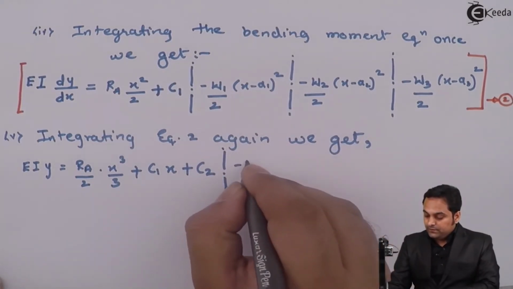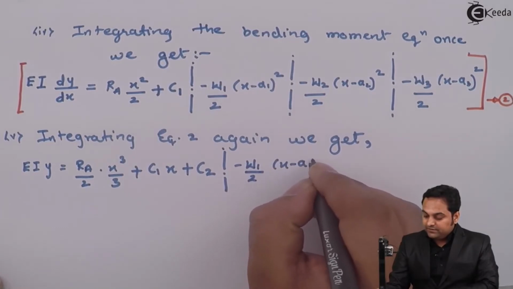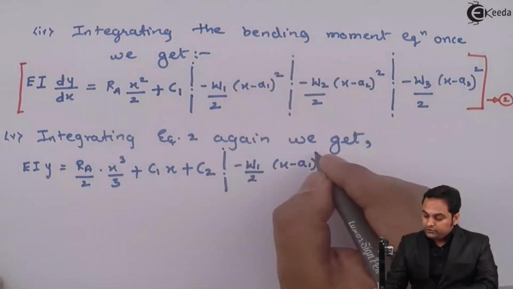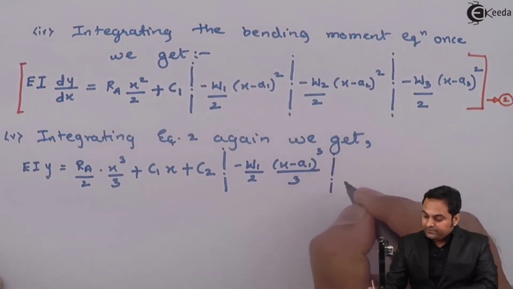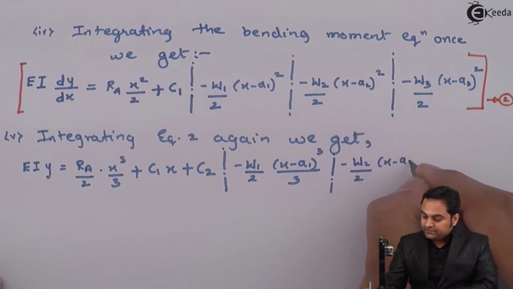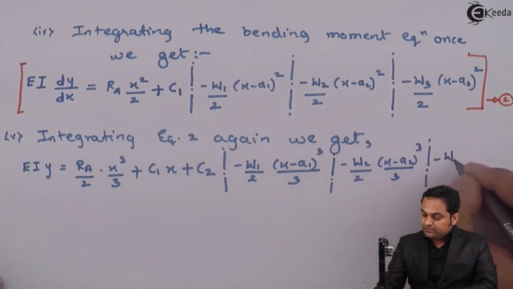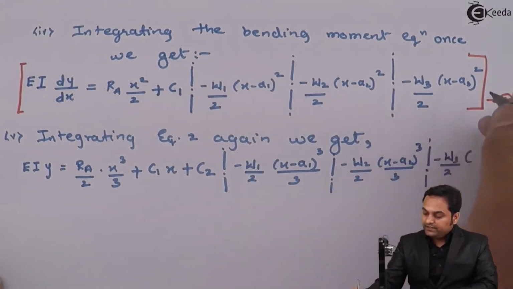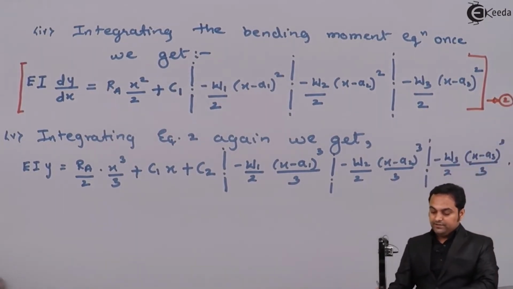Next, minus w1 by 2 x minus a1 whole square, so integration becomes whole cube divided by 3. The next term, minus w2 by 2 x minus a2 whole square becomes whole cube divided by 3, minus w3 by 2 x minus a3 whole square integration becomes whole cube divided by 3.